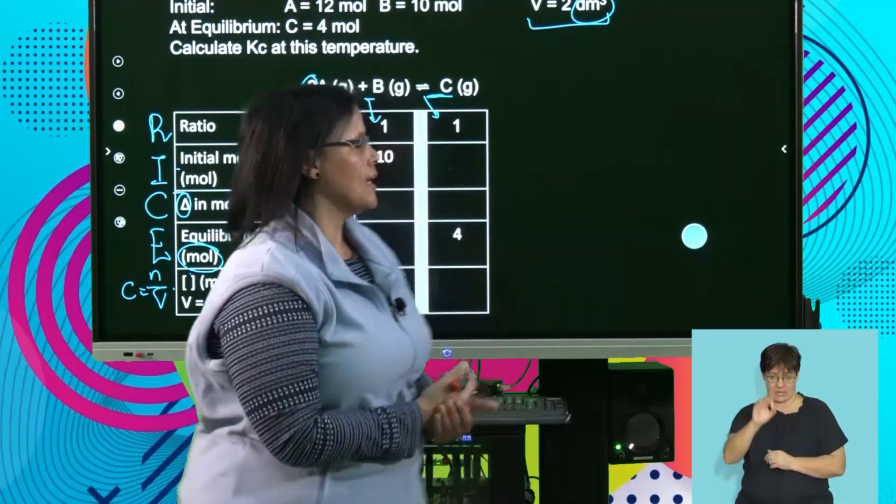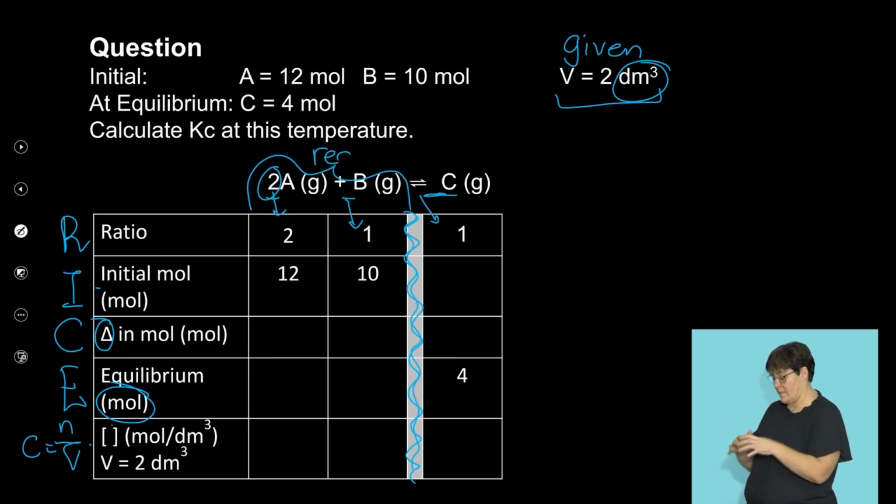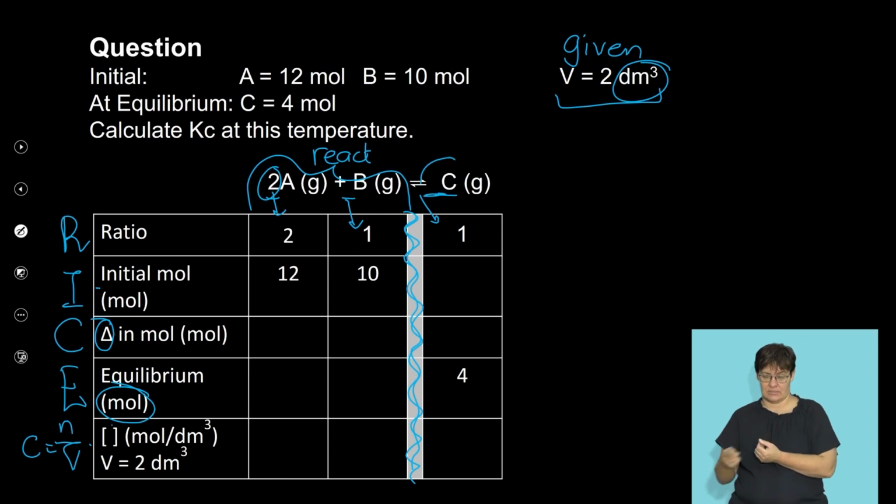Right, are we ready? What's very important is that I want you to note this very bold line here. It indicates that whatever is on the left-hand side is my reactants, and whatever is on the right-hand side is my products.